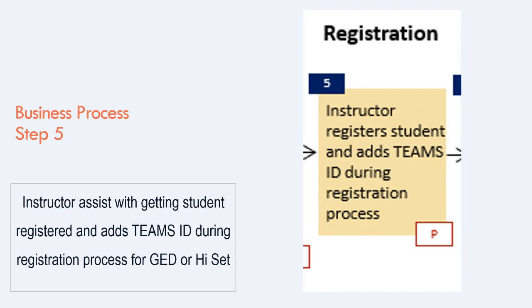Registration, we're saying the instructor registers the student and adds the team's ID during the registration process. This is actually a very important piece in the puzzle. When the student goes into GED.com, for instance, and registers to take a test and schedules a test, and they go through this checkout procedure, what we're wanting them to do is to ensure that they use their team's ID number, and GED has worked with us to ensure that there is a spot on the profile that the student can enter their team's ID.